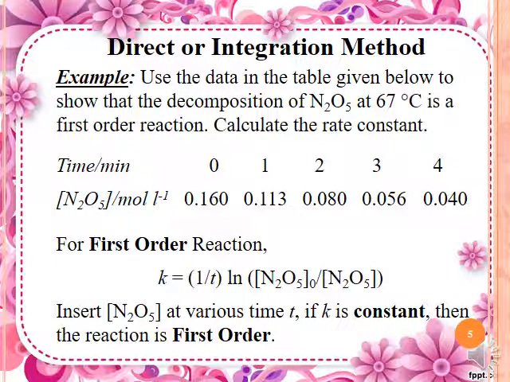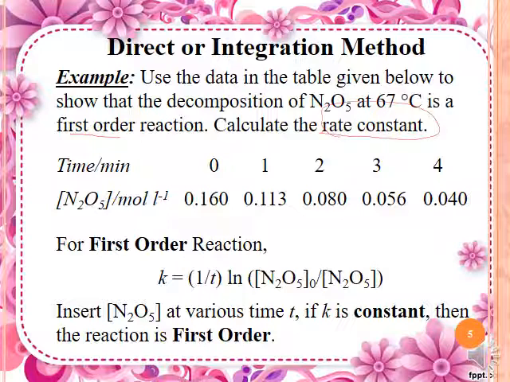So this is an example of the direct or integration method. These are the data of the composition of nitrogen pentoxide at 67 degrees Celsius, and it's a first order reaction. You are asked to calculate the rate constant.